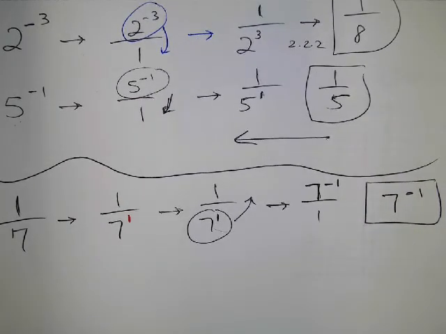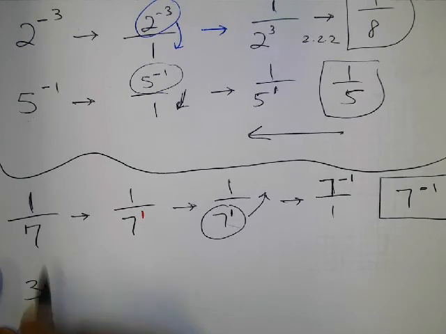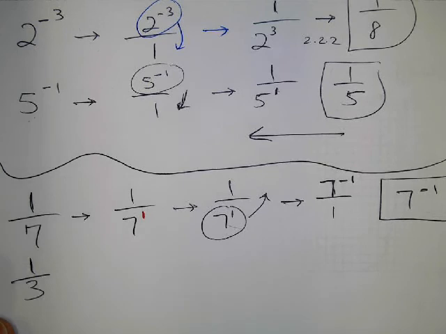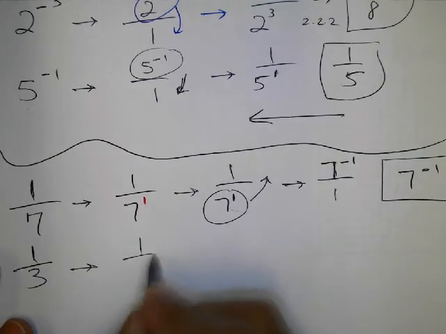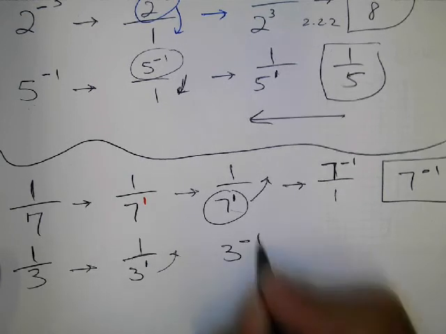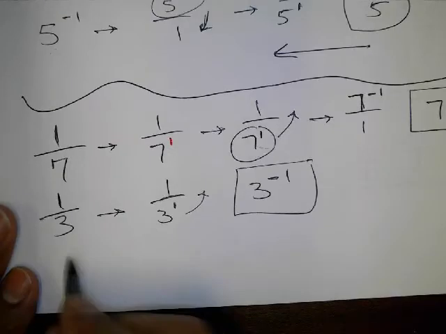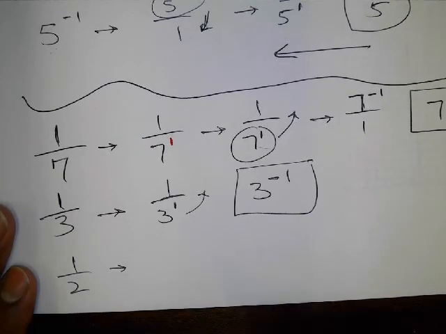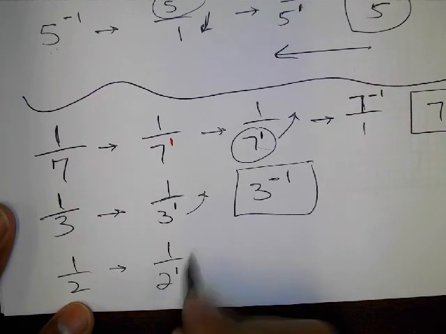Okay, so I'm breaking it down to all the steps, but simply put, 1 over 3 is the same as 3 to the power of 1, but when I move it up, it'll be 3 to the power of negative 1, yeah? 1/2 would be 2 to the power of 1, right?